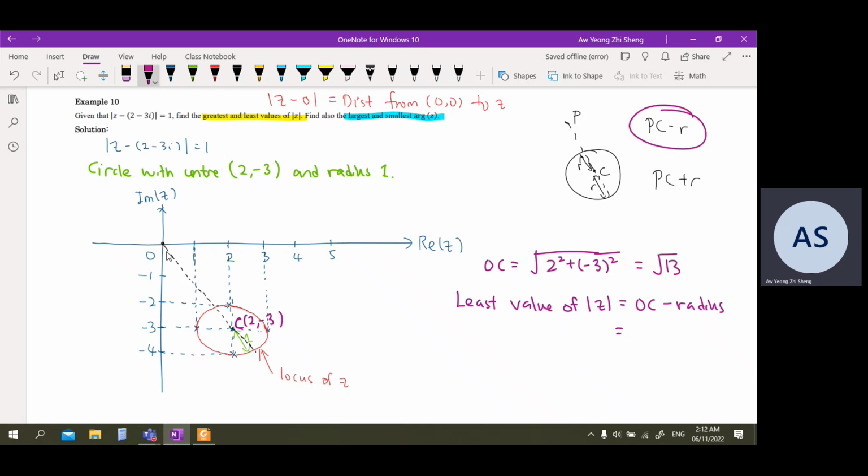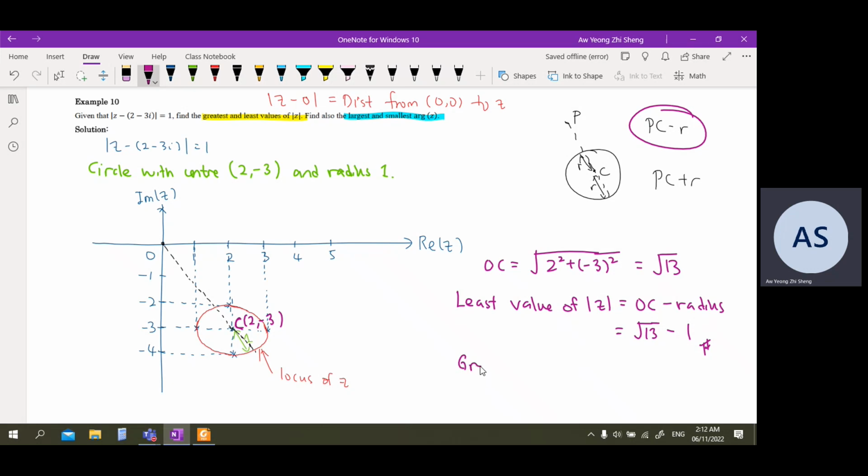Here our external point is O. So it's OC minus radius, which is root 13 minus radius is 1. And that's it. We are not going to convert this into decimal form because this is a pure maths paper. We'll just leave it in surd form.